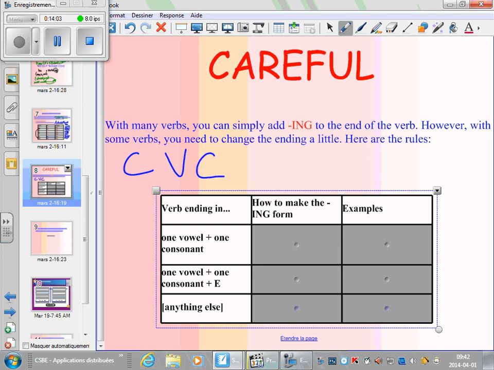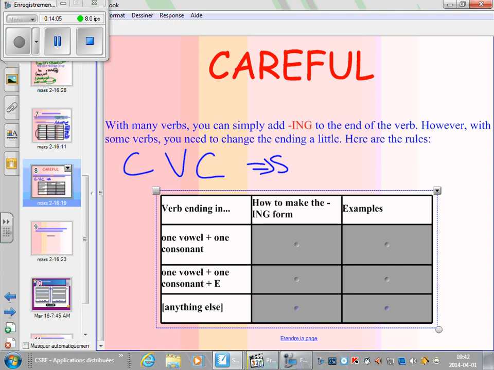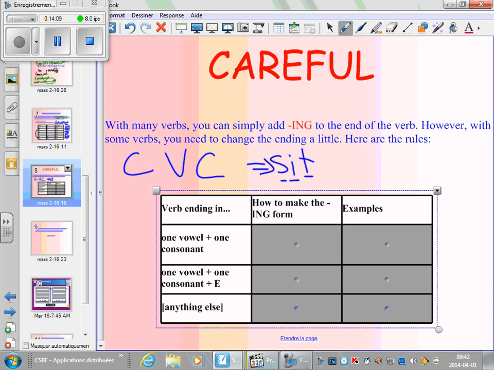For example, sit. You have just 3 letters for this one, so it's easy. It's the whole verb. S-I-T. S is a consonant, I is a vowel, and T is a consonant as well. So what are we supposed to do with that? Double the T, double the last consonant.